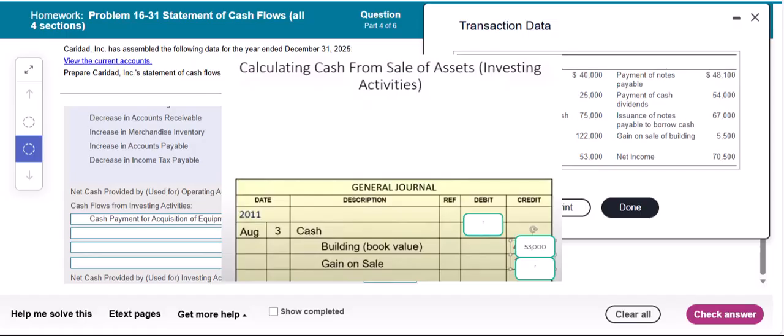And it says again that we have that gain on the sale of building for 5,500. So then how much must the cash be if the credits are 53,000 and 5,500? That is going to be a total of 58,500. So this is the number that we're going to use on the statement of cash flows, because that's the amount of cash that we received from selling this building.